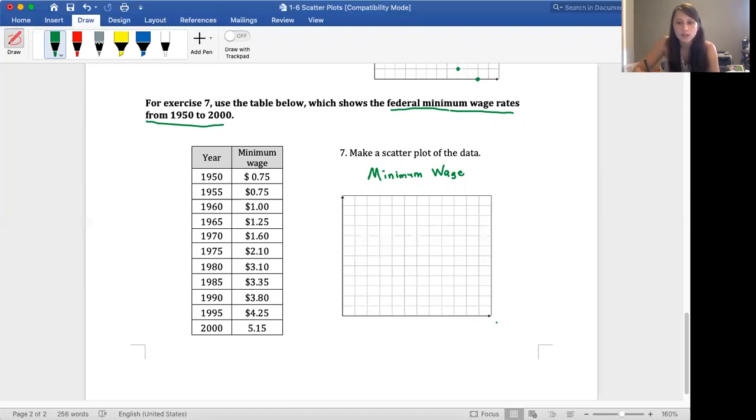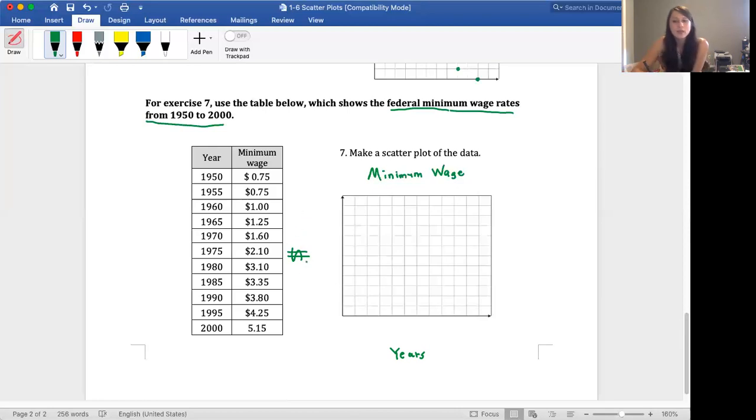So we're going to label our x-axis the years. So when we see the numbers, we know that it's related to years. Then our y-axis is going to be the cost, the minimum wage. So I might put a dollar sign right here to show that this is related to money.